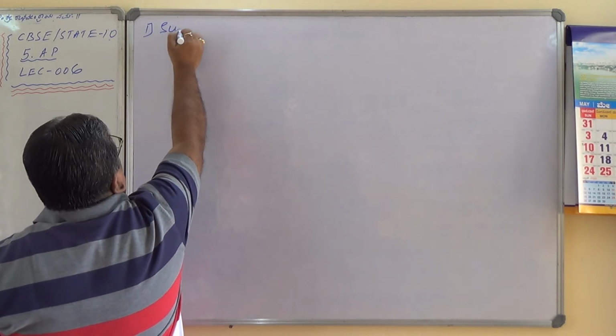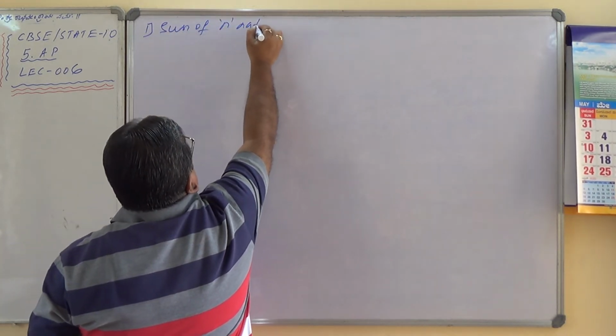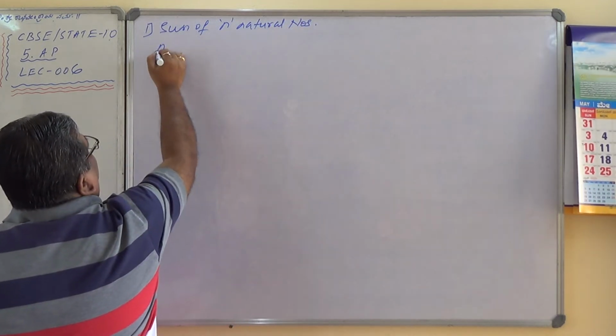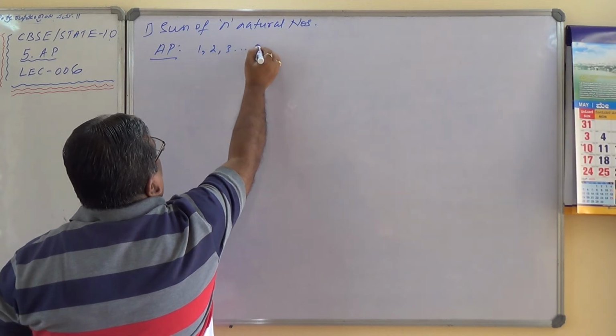sum of n natural numbers. AP: 1, 2, 3 up to n.